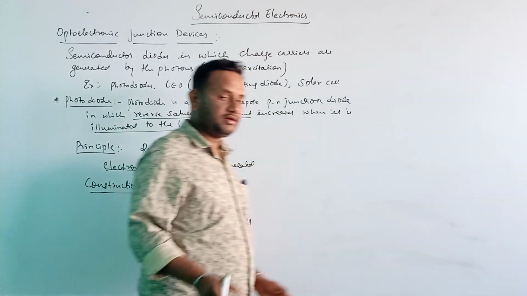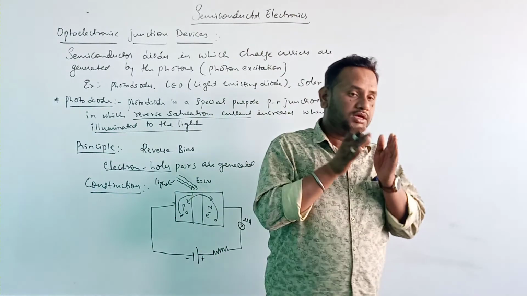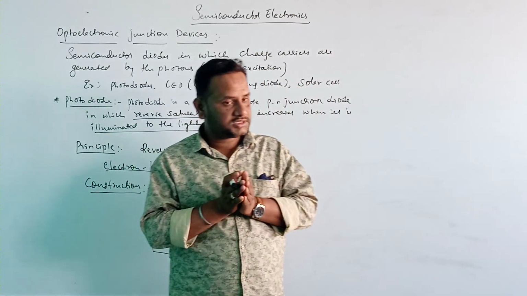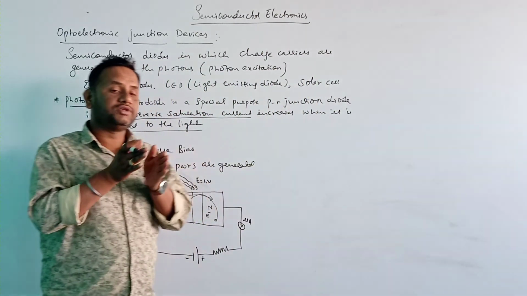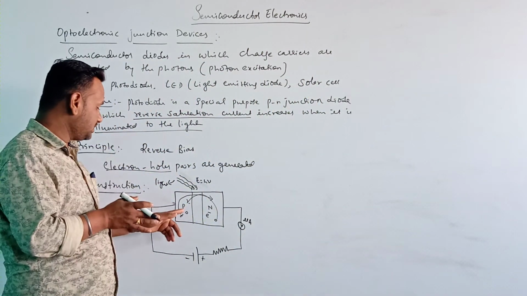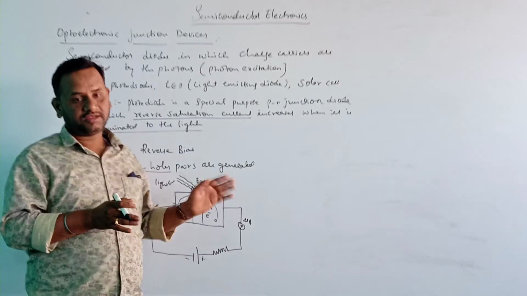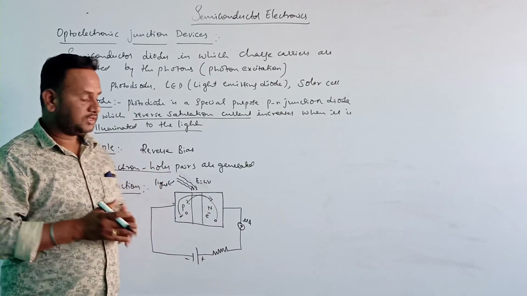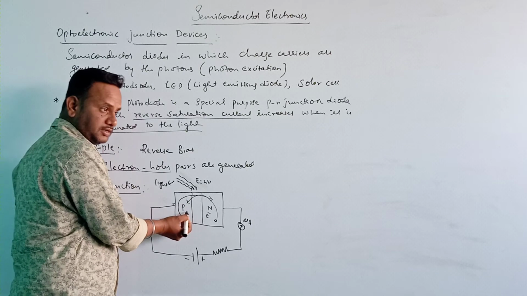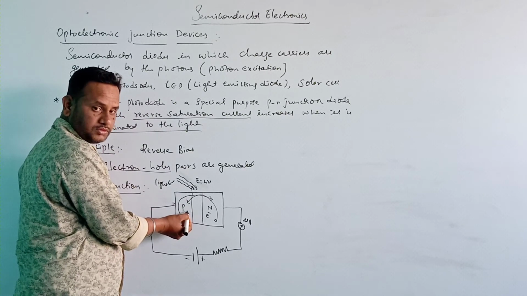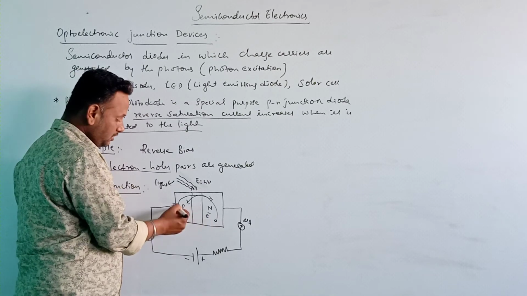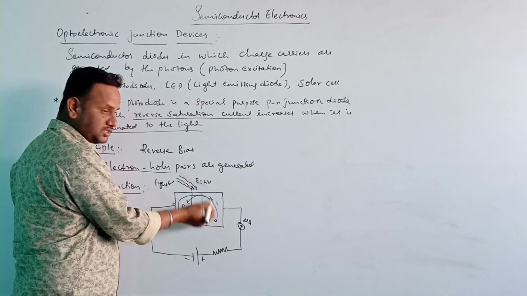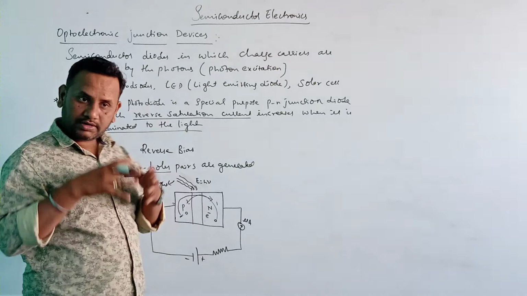Now all these electrons and holes will recombine with the majority charge carriers present in the P region and the N region. The majority charge carriers here are holes, and here electrons. The electrons went this way and the holes came this way, so they will all recombine.